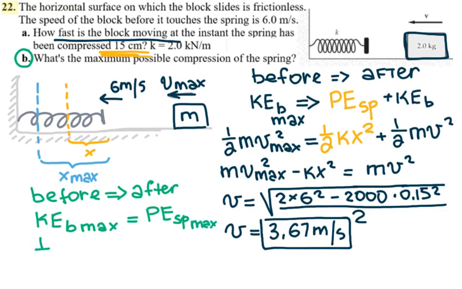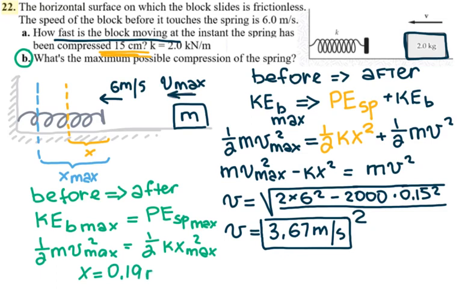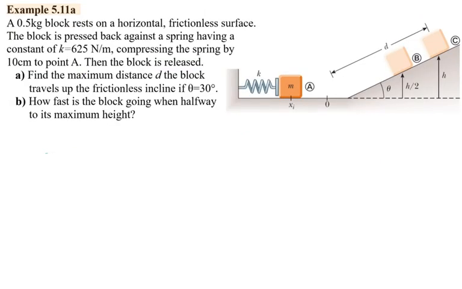So I have 1/2 mv maximum squared is equal to 1/2 k maximum compression squared. And so from here I see that x is equal to 0.19 meters or 19 centimeters if I plug in all my numbers.